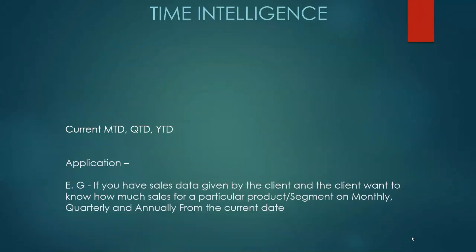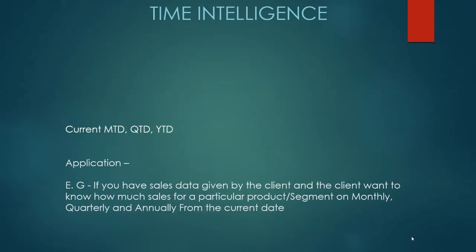Second one is for QTD, how much sales happened in this quarter till today's date. Similarly, YTD means what is the total sales currently till date in this year.